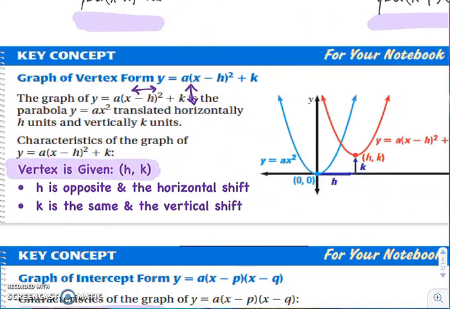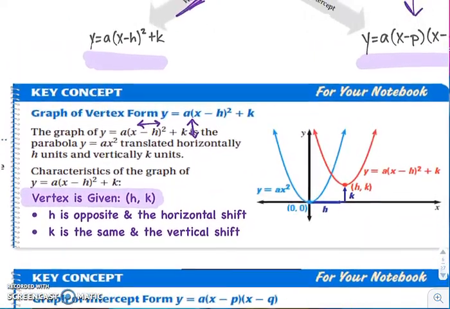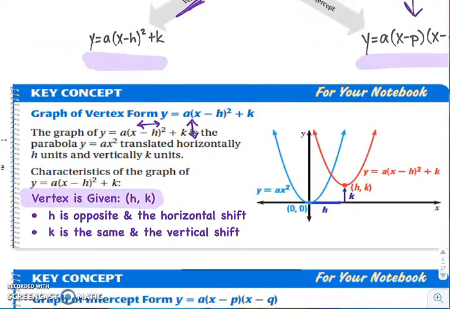If you look at that graph to the right there, the blue function is the parent function, so this red function is the one that's been moved, and it's moved right h units and up k units.